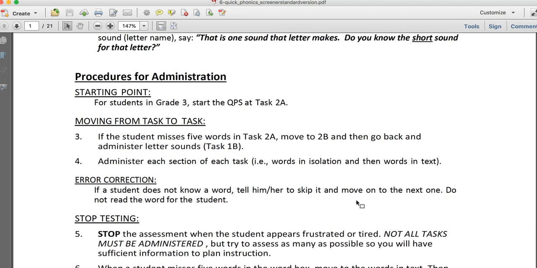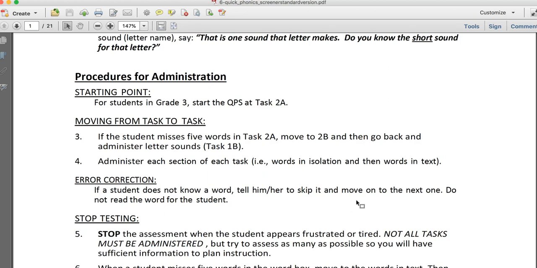So procedures for administration, you would start at the beginning unless they are in grade 3. Then you get to skip to task 2A. I ask you to use your judgment with that because I know I've had third graders that were non-readers. So it would be much more beneficial to me to start at the very beginning.